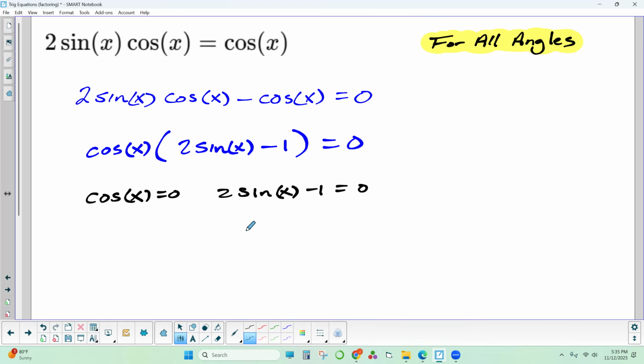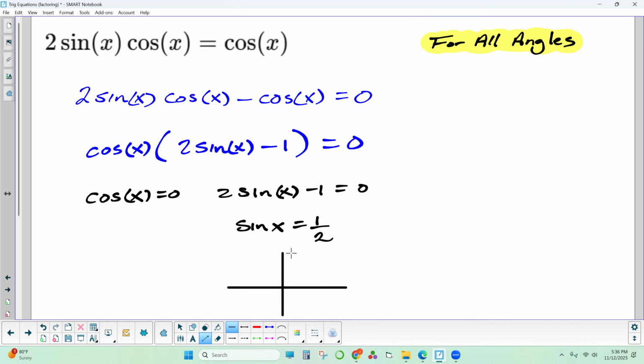Over here I need to solve for sine x, and I get 1/2. So I'm looking for angles where sine is 1/2 and angles where cosine is 0.